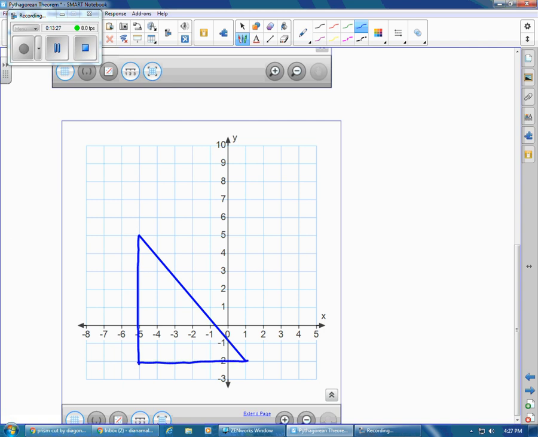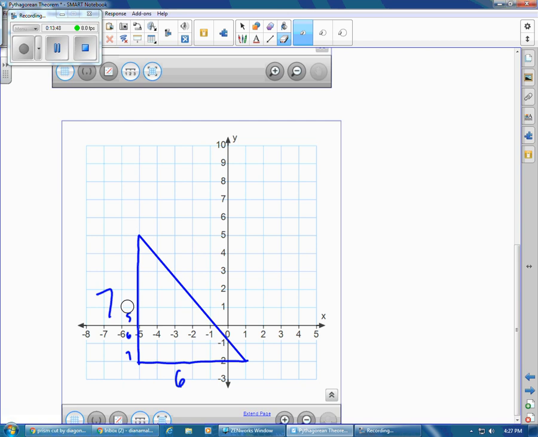So when I do that, I'm going down 1, 2, 3, 4, 5, 6, 7 units. So that's 7. And then I've got 1, 2, 3, 4, 5, 6 units on this side. So this is 6 units.